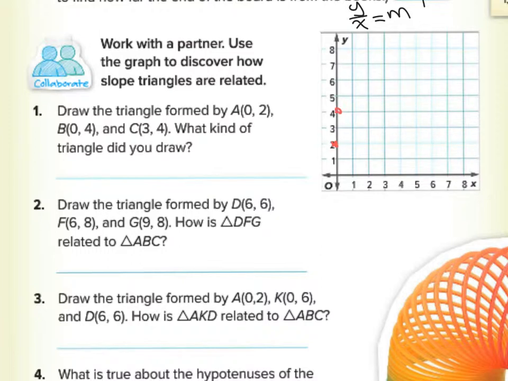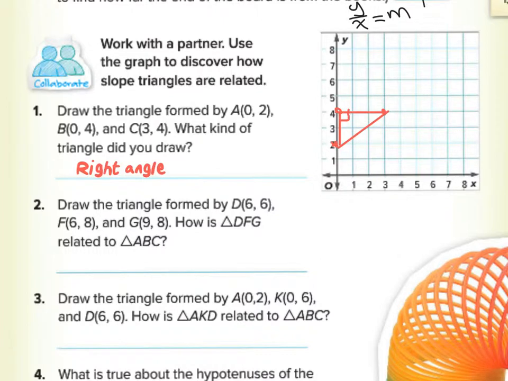And 3, 4. 3 this way and 4 up right there. Looks like it's going to give me a right angle triangle. Now it's asking us what kind of triangle did you draw. Well, you can see right there that it's a right angle, so it's a right angle triangle.